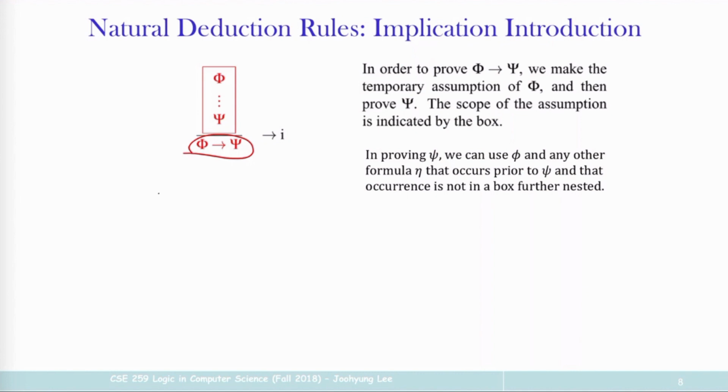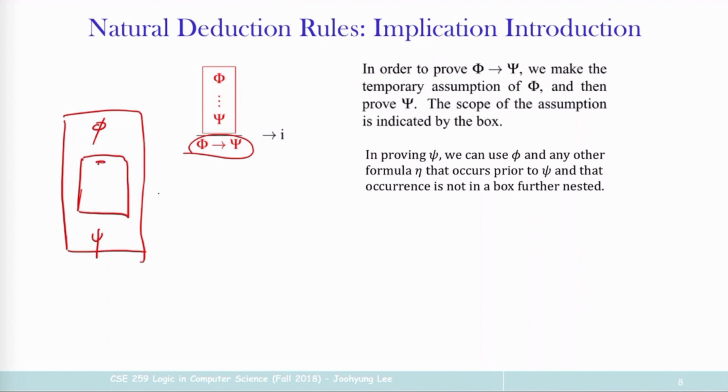Here is a more visible example. I want to derive this, and I also have some formulas F and G, and I also have formula H. It's similar to the notion of global variable and local variable in programming language.